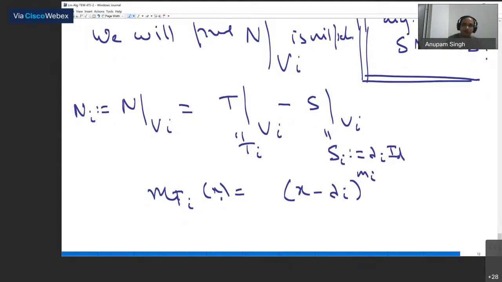And if I substitute in this thing here, let's say T, then you will get here Ti minus lambda I. But this Ti minus lambda I is exactly this, supposed to be N, right? This is what it is here. This is Ni. So this will imply basically that Ni to the power Mi is 0, the same Mi in fact. It could be lower also, but certainly this Ni will work. And this gives Ni is nilpotent.